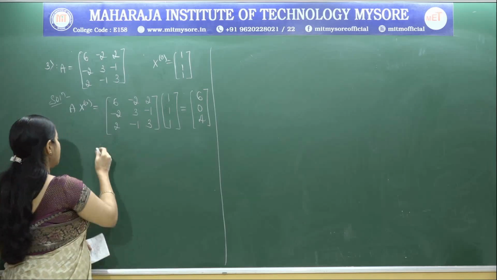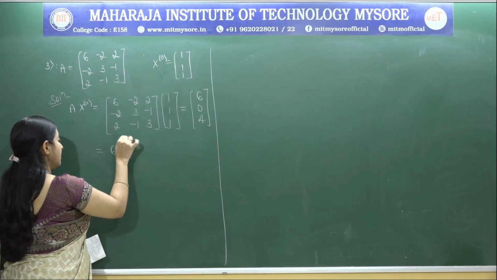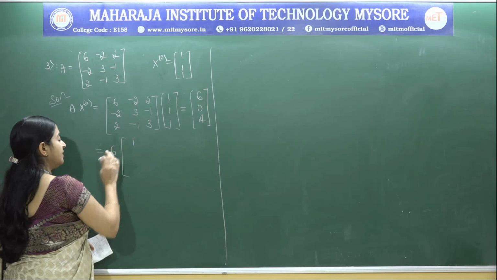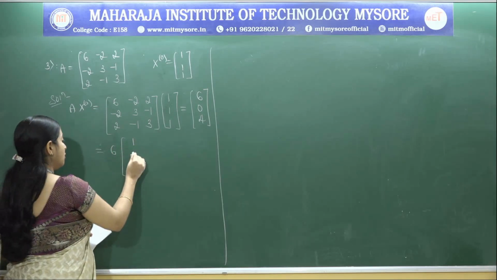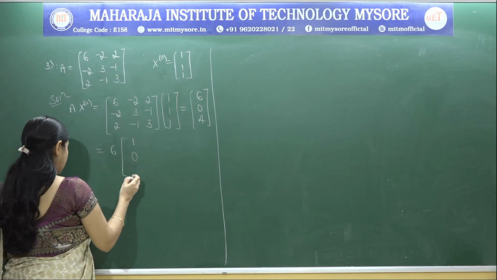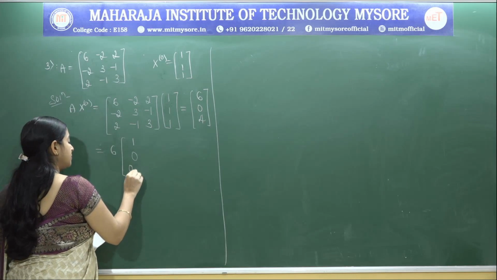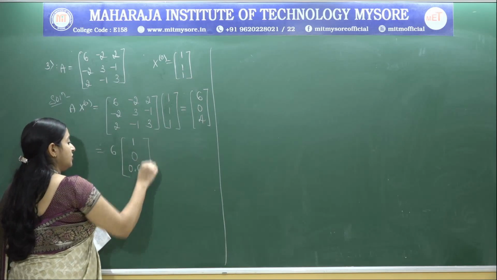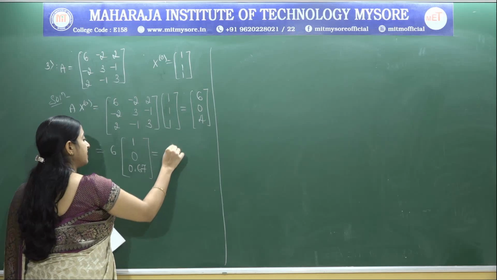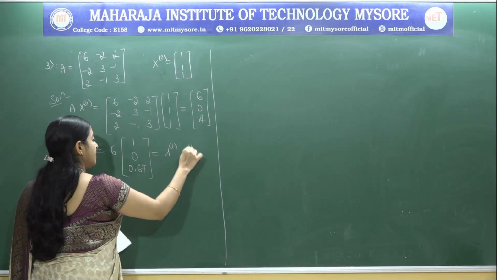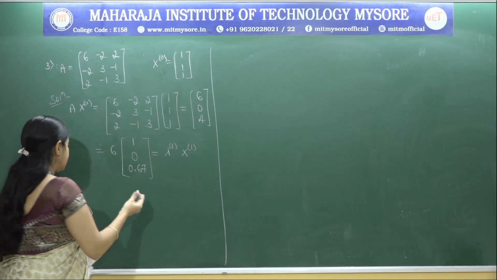In this, 6 is the largest entry, you keep it outside, that is, you take that as a common term. The first term is 1, second term is 0, the third one is 0.67. Keep this as lambda of first iteration, x of first iteration.